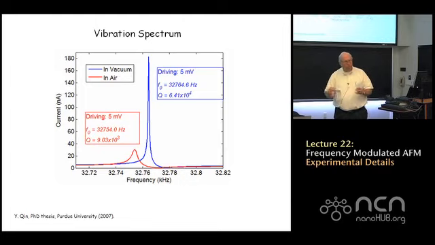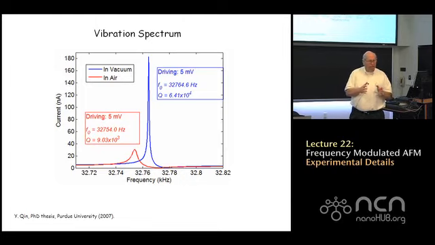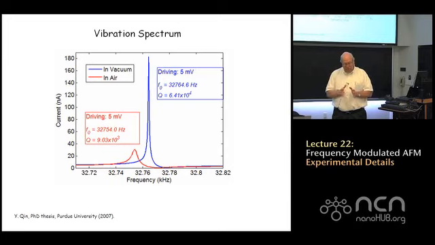AM AFM cantilevers are used for intermittent contact AFM experiments. The Q factor, that resonance, is on the order of a few hundred for a conventional silicon microcantilever. These quartz tuning forks, because they're crystalline, have very few defects.